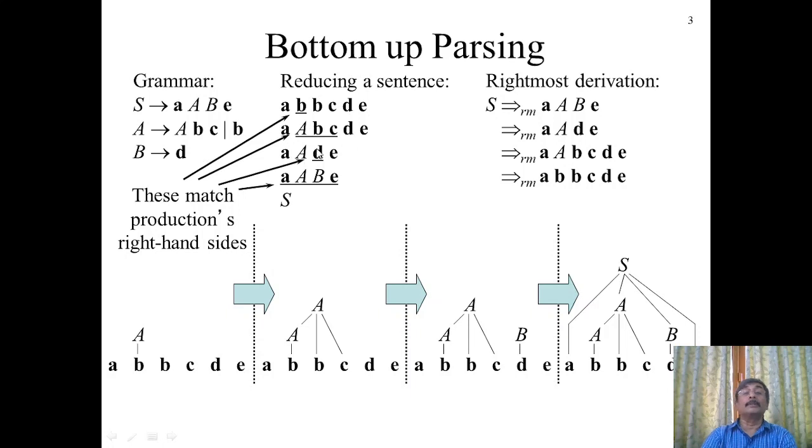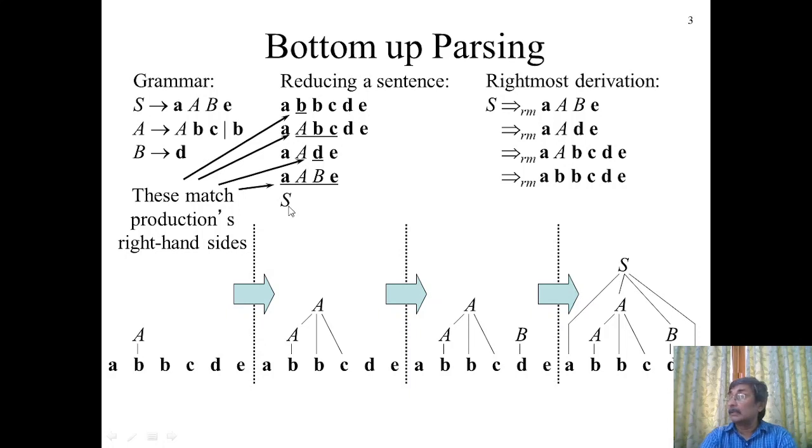If I go to this sentential form, D is the handle, because if I replace this D, then I come to ABE, which is the previous sentential form from here, and then I have the whole string as the handle, and that is replaced by S.